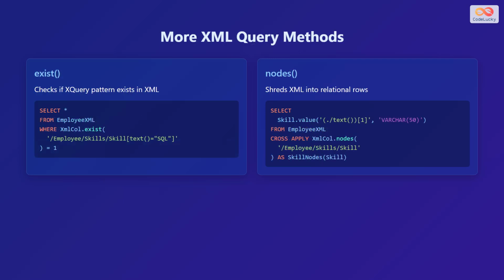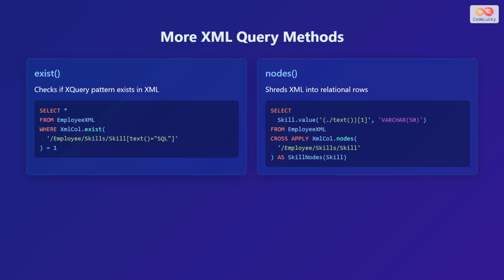Let's explore some more XML query methods. First, the exist method. This method checks if a specified XQuery pattern exists within the XML data. For example, select * from EmployeeXML where XMLcol.exist('/employee/skills/skill[text()="SQL"]') = 1.